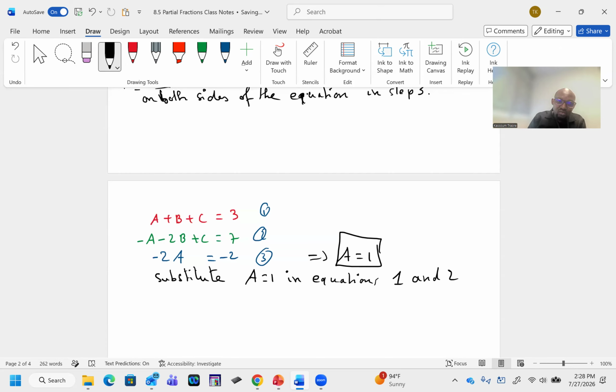For equation 1, we'll have 1 plus b plus c is equal to 3, which means b plus c should be equal to 2. And in equation 2, we will have negative 1 minus 2b plus c is equal to 7, which means negative 2b plus c should be equal to 8.